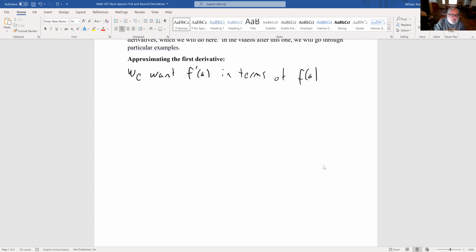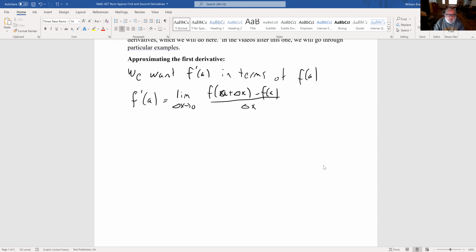So remember that the definition of the derivative is this. We're at a point A in the domain of the function. So it's f of A plus delta x minus f of A over delta x. So this is the definition of the derivative.